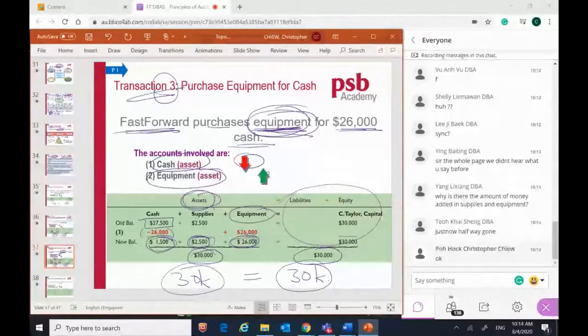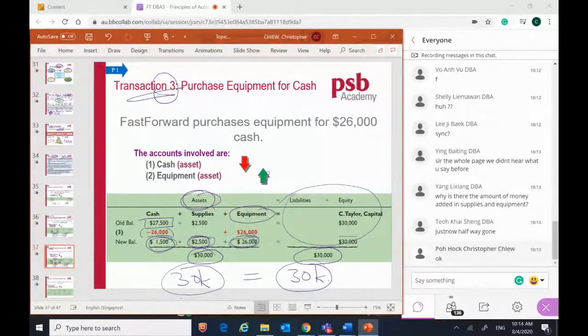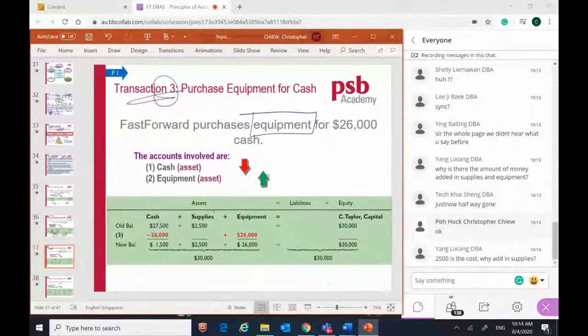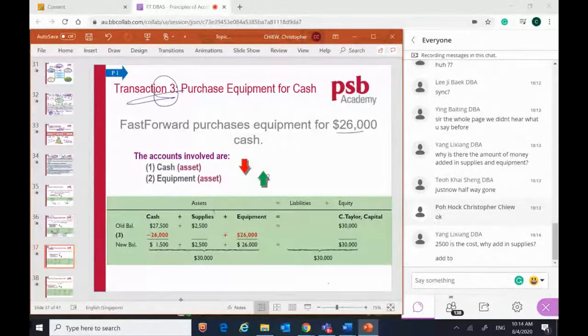All right. Transaction number 3. Now we purchase the equipment. Equipment is also another form of asset because it will provide benefits in the future. So when we buy the equipment for $26,000, the cash goes down, but the equipment goes up.